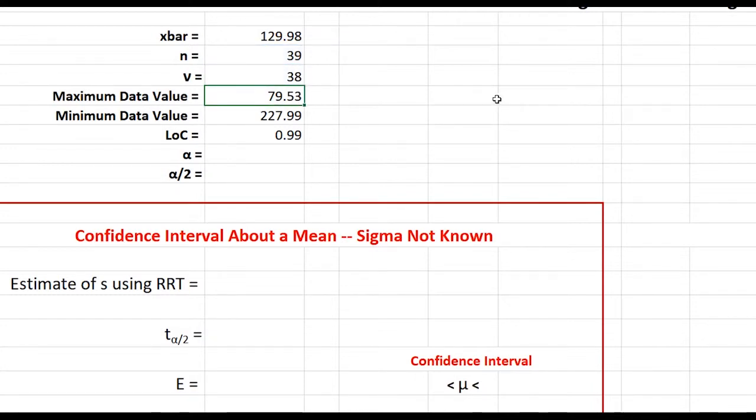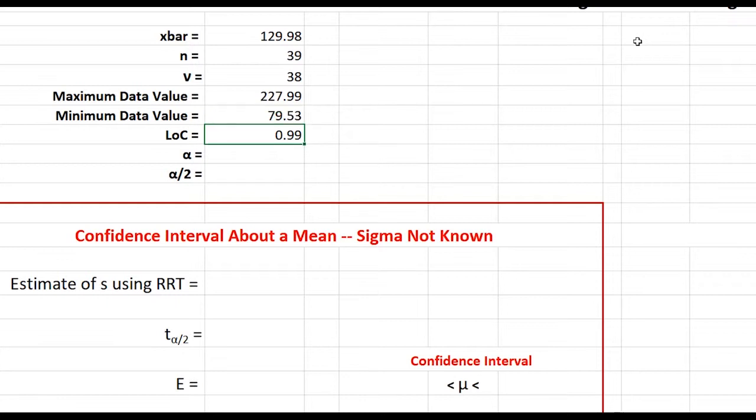I have my maximums and minimums switched, so let me fix that. We have a maximum data value of $227.99 and a minimum data value of $79.53. My level of confidence is 0.99.